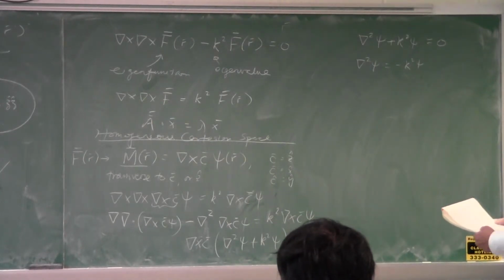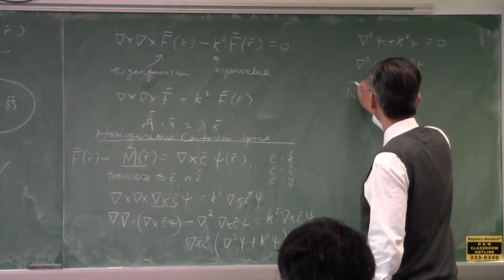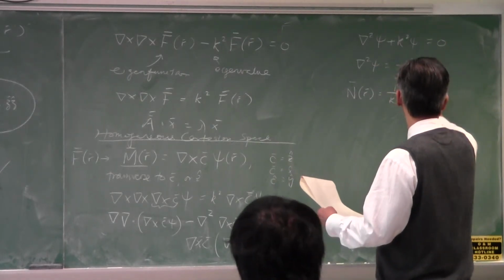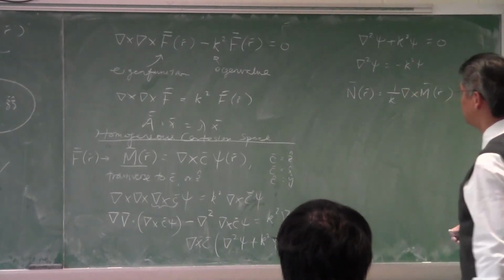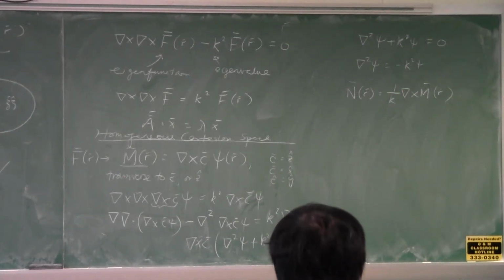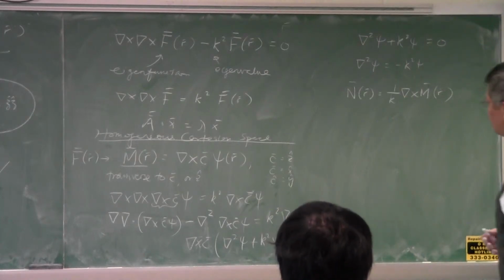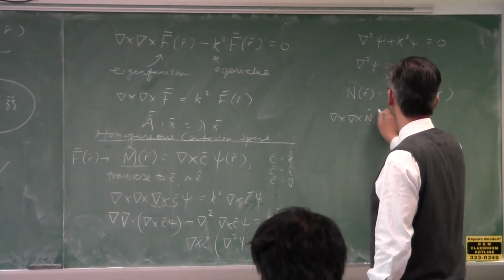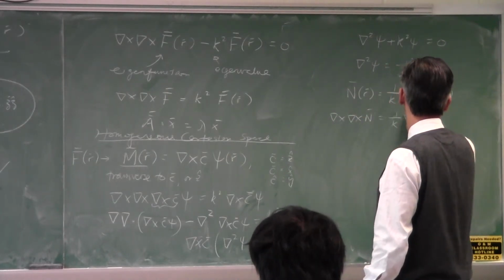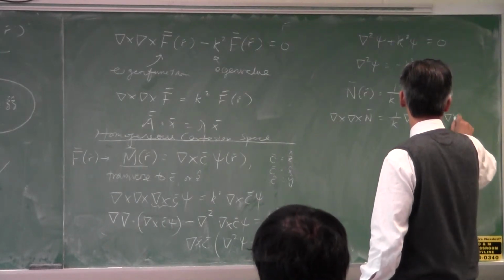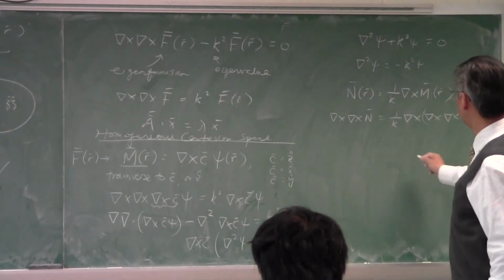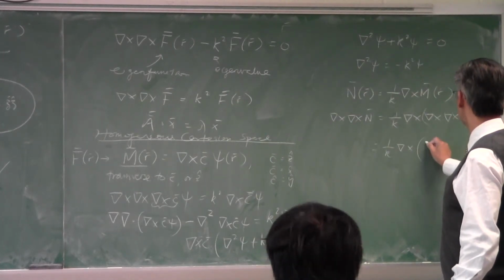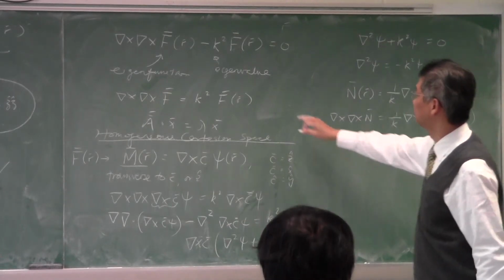So this is one approach. But I can also define a second vector wave function called N, which is 1 over K curl of M. You can easily show that if M satisfies the vector wave equation, N should also satisfy the vector wave equation, because if you take the curl of N, it will be 1 over K curl of M. But then that piece over there would be just 1 over K curl of K squared M by definition.